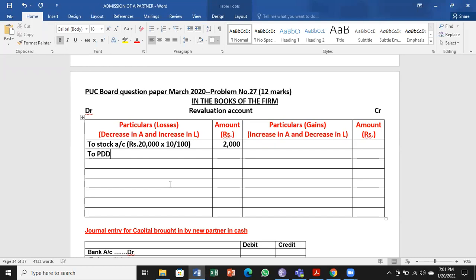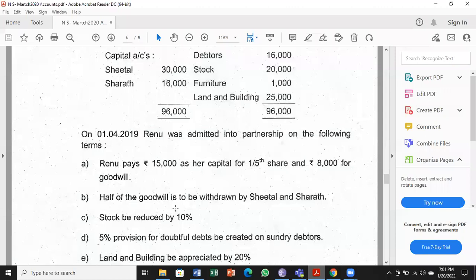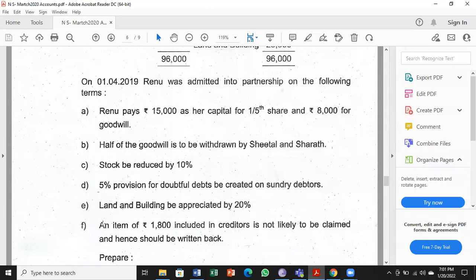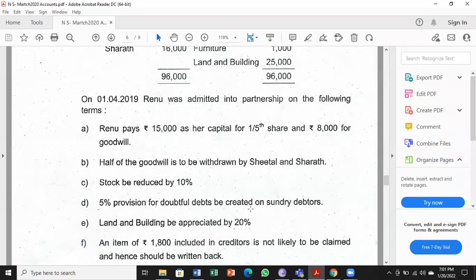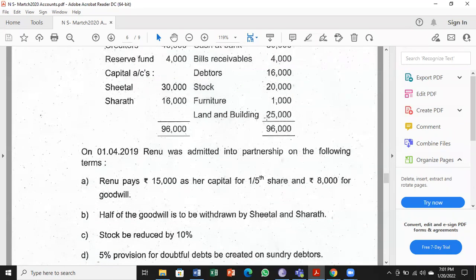So PDD account, provision for doubtful debts account, 16,000 multiplied by 5 by 100, that is equal to 800. Next, land and building be appreciated by 20%. Appreciation is increase. Increase in asset is a gain, on the credit side. Very good.